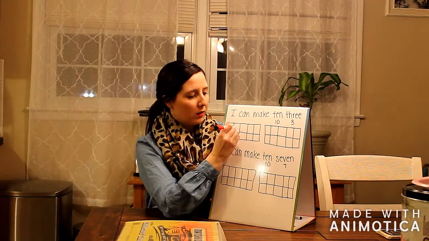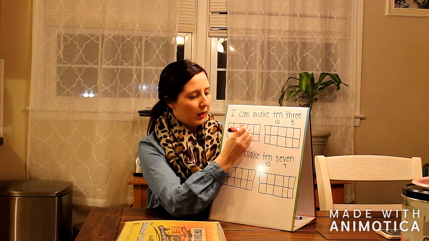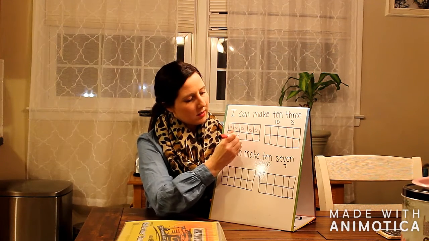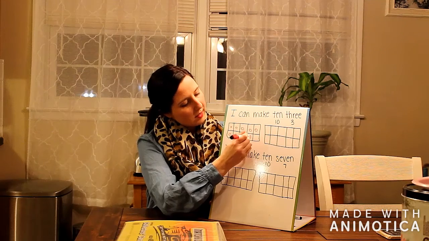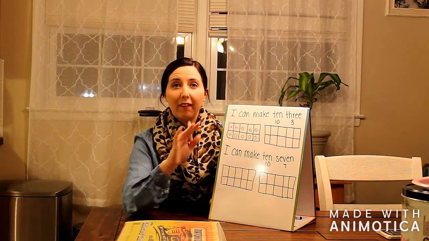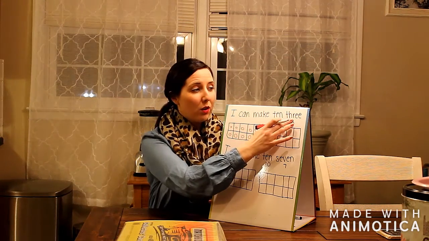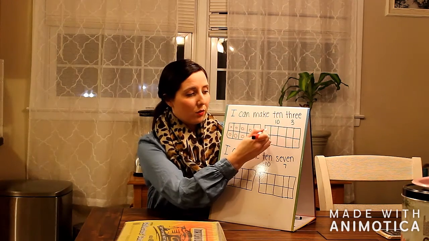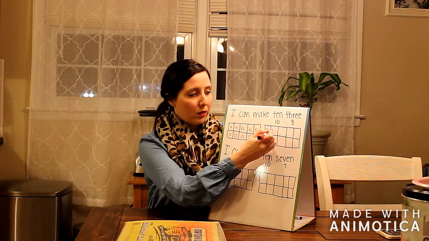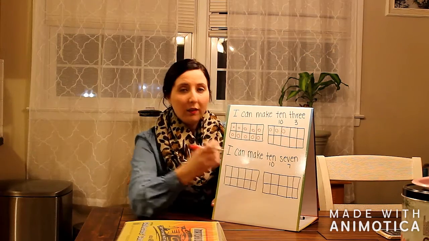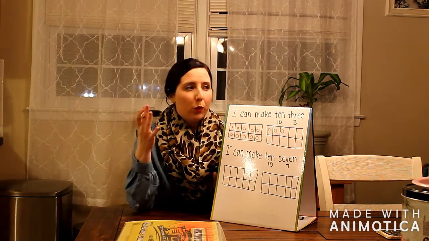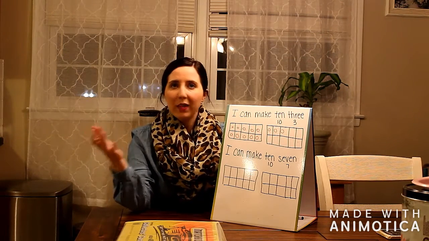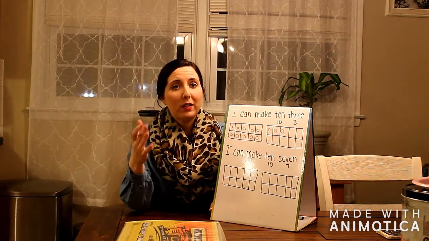So, 1, 2, 3, 4, 5, 6, 7, 8, 9, 10. Excellent. Now I also need to make a group of 3. Good. So over here I'm going to write 1, 2, 3. Now just by doing that, we've shown the number 10, 3. It's that easy. So you guys can practice it a lot at home.